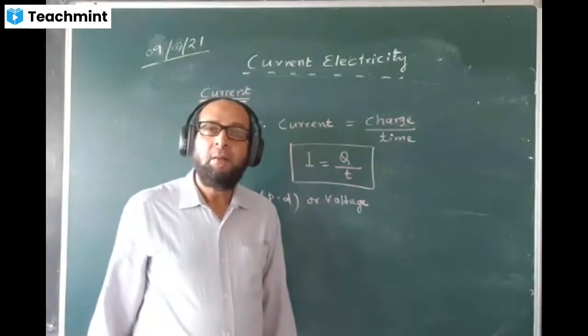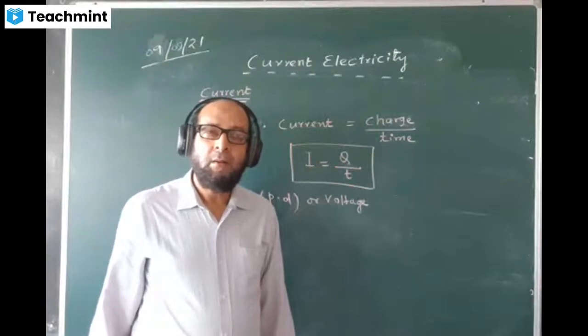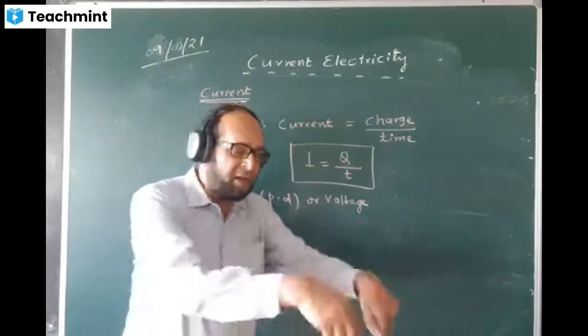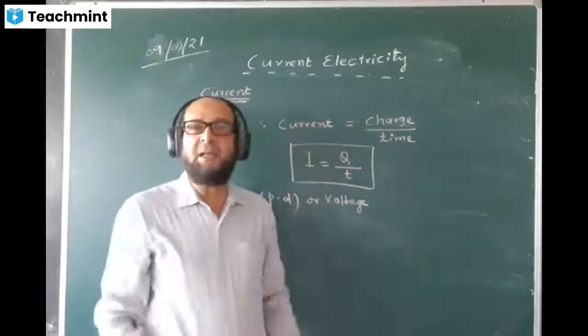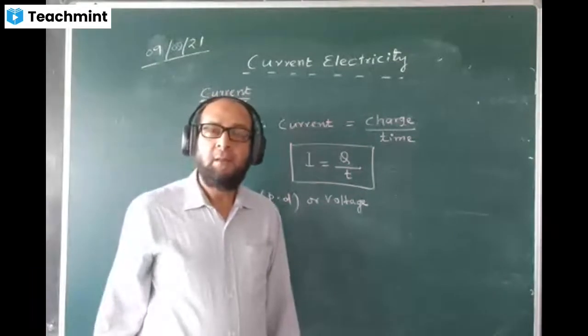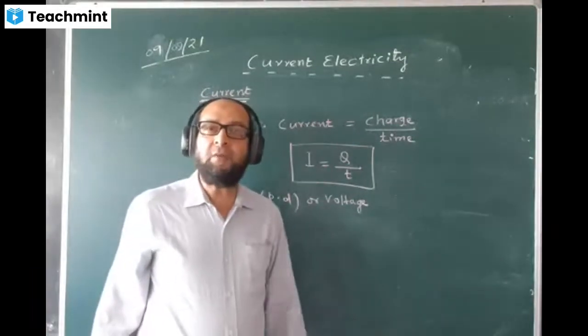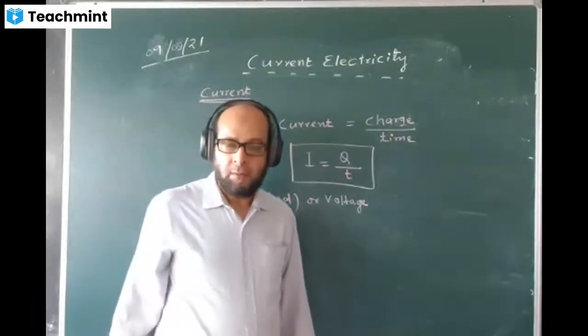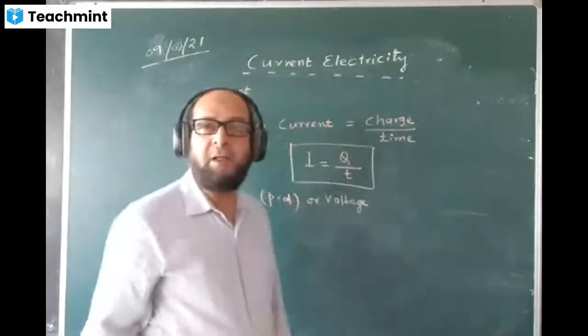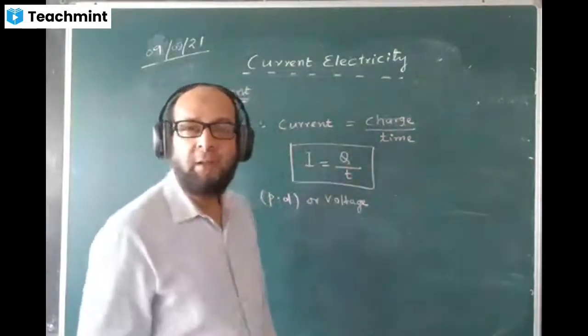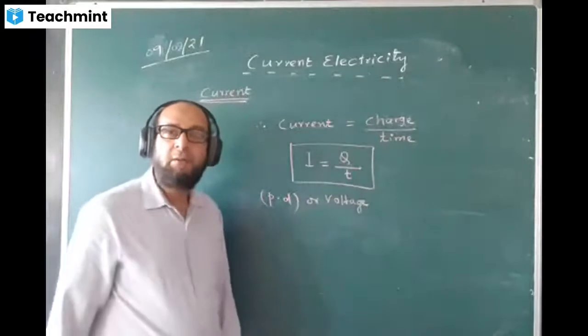Sir, you just now said 0 volts, no? So what are the sources for 0 volts and what is 0 volt? Earth potential is taken as 0 volt. Earthing potential is 0 volt. When you do the earthing, the potential value there is 0. Earth has 0 potential.